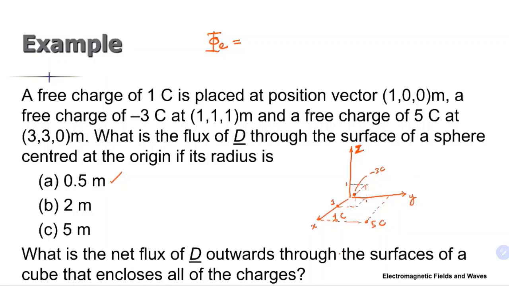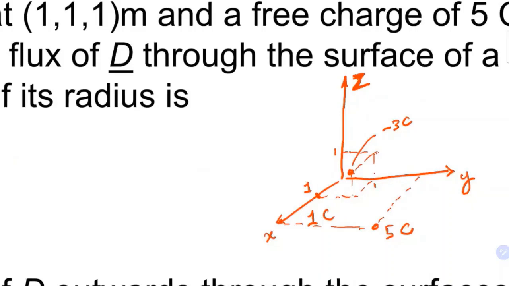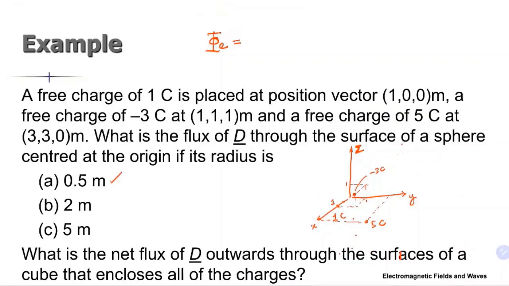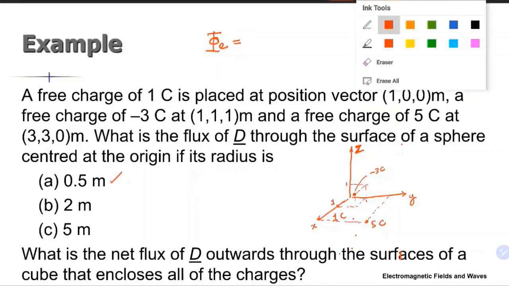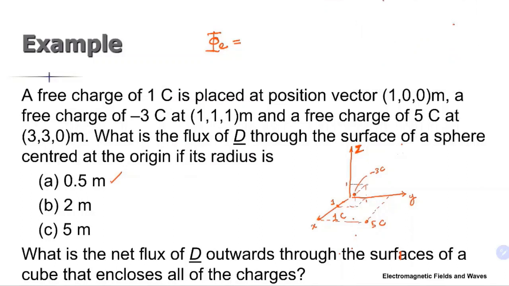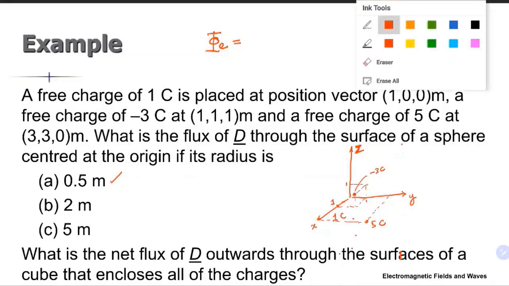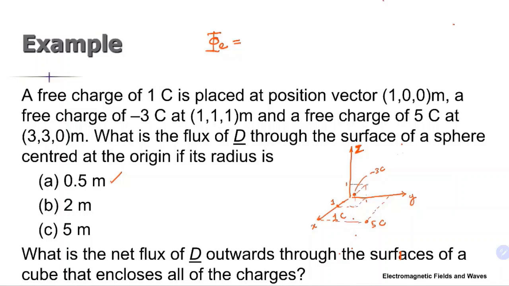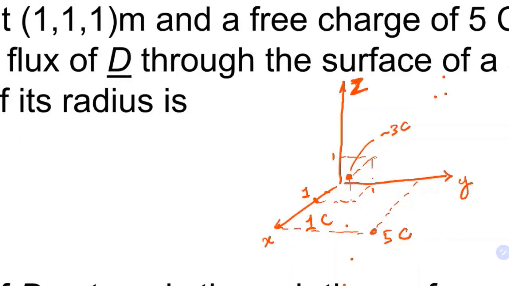Okay, so if I have a surface with a radius of 0.5 meter centered, okay, 0.5, let me use a different color. Okay, so 0.5 is here.